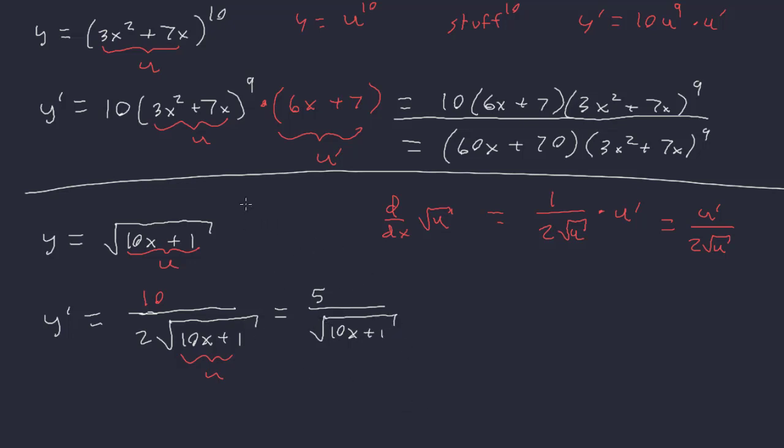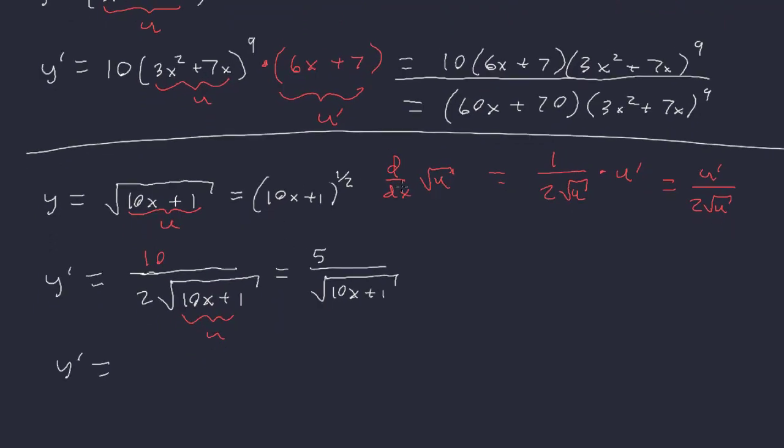Of course, if you don't want to do it that way, you could always just rewrite this as 10x plus 1 to the 1/2 power. And then your derivative would be, instead, we still have the same u, of course, but now we're using a power rule.